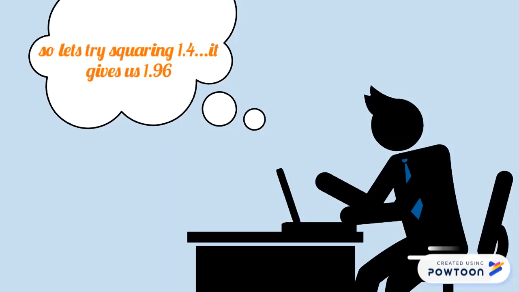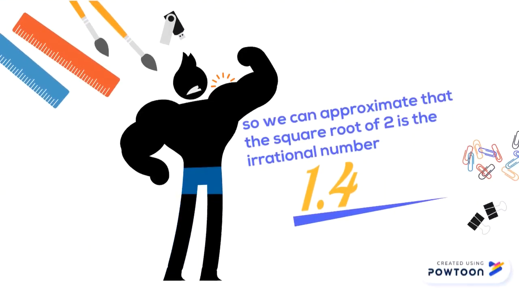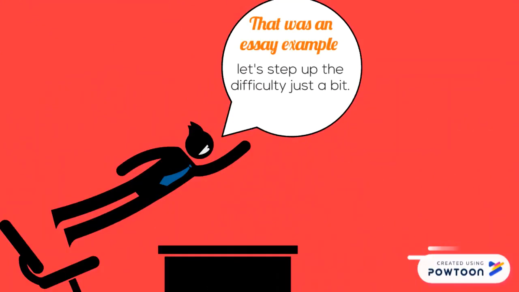So let's try squaring 1.4. It gives us 1.96. So we can approximate that the square root of 2 is the irrational number 1.4. That was an easy example. Let's step up the difficulty just a bit.